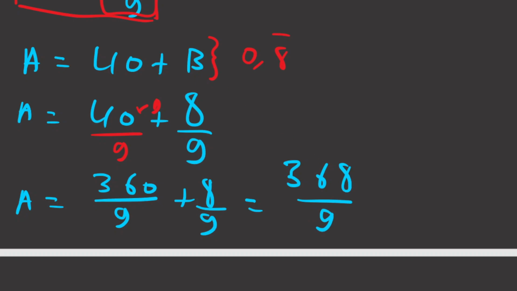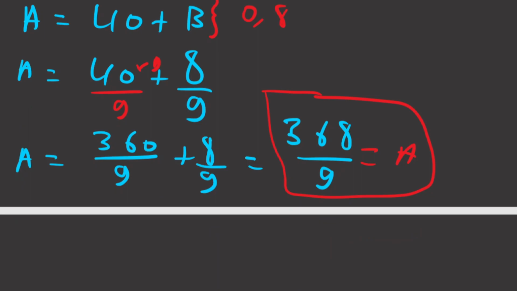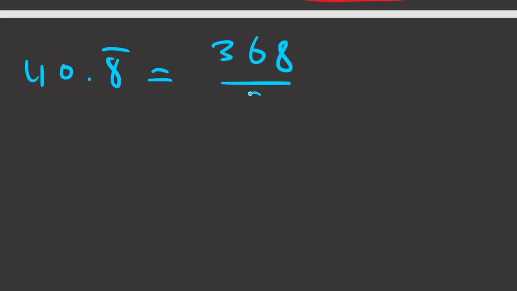So this is the answer. This is a. We just got our number. From the form 40.8 bar, now we have 368 over 9.